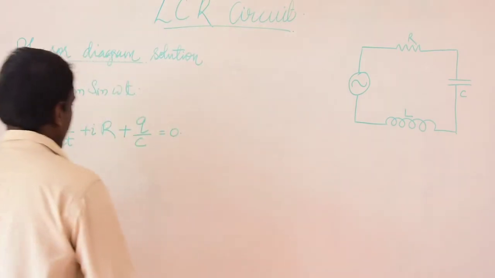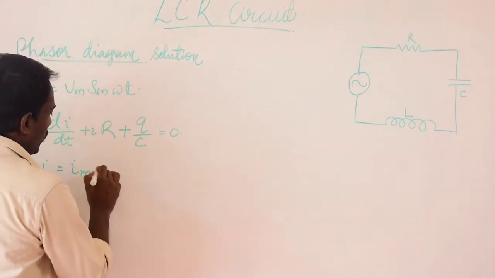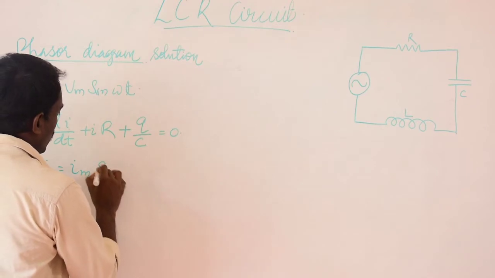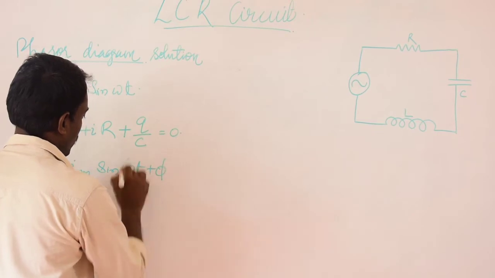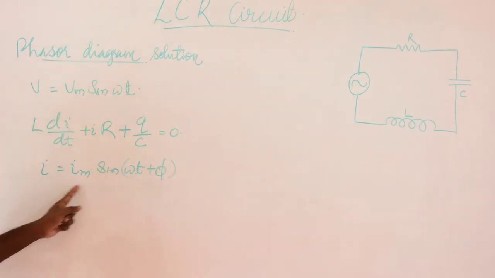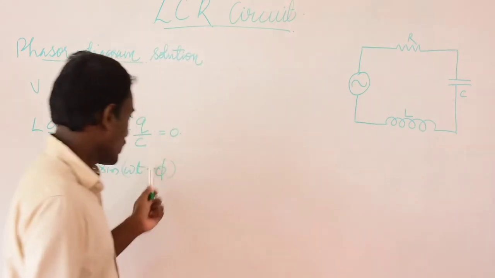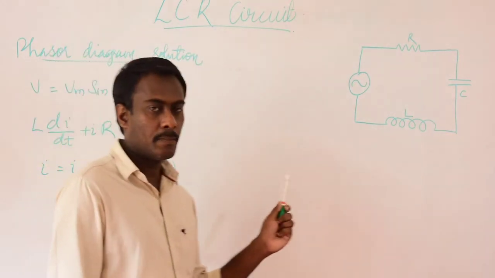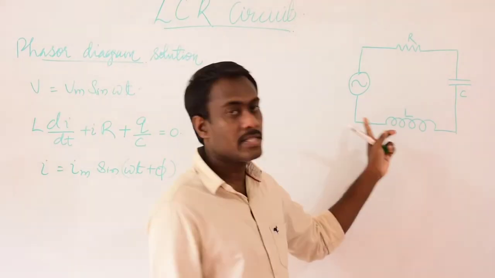So the current can be taken as I is equal to Im sin(omega t plus phi), where phi is the phase difference between the voltage across the source and the current in the circuit.